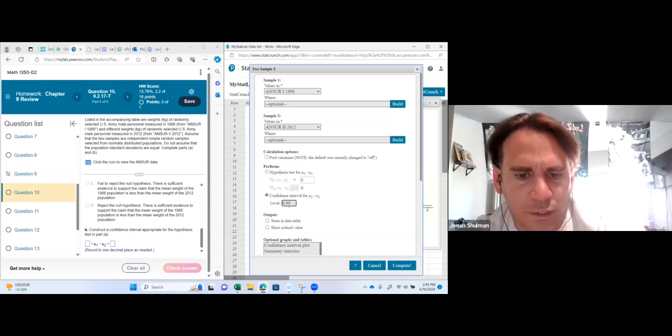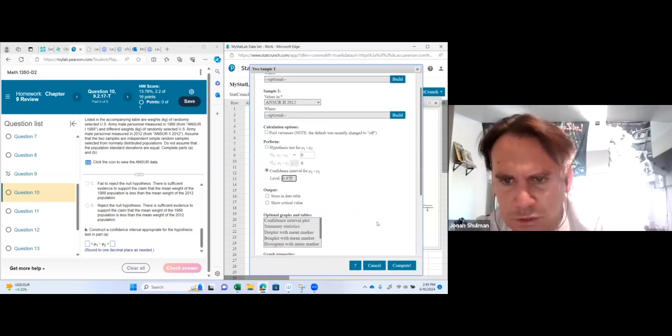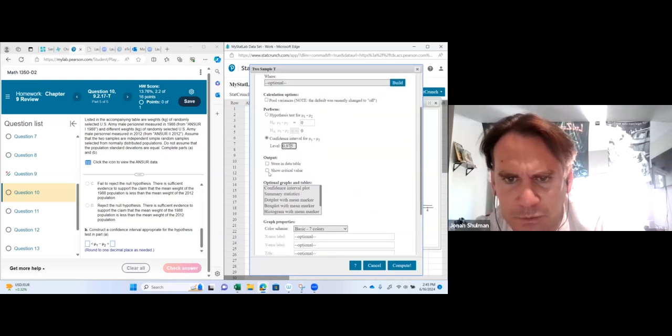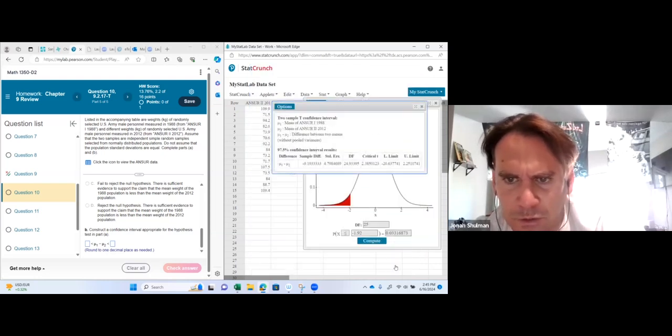So let's see it with 0.975. Let's just double this and see what happens. I like seeing the critical value.